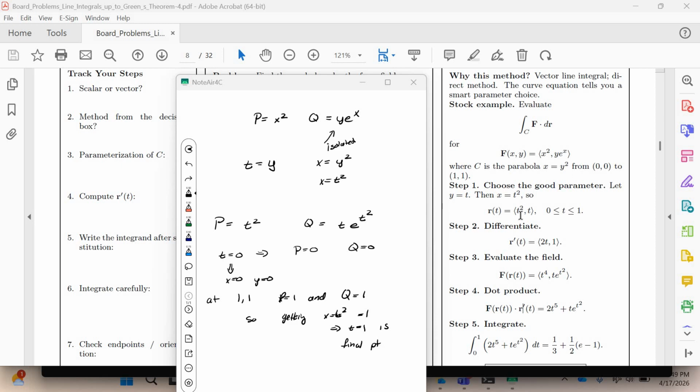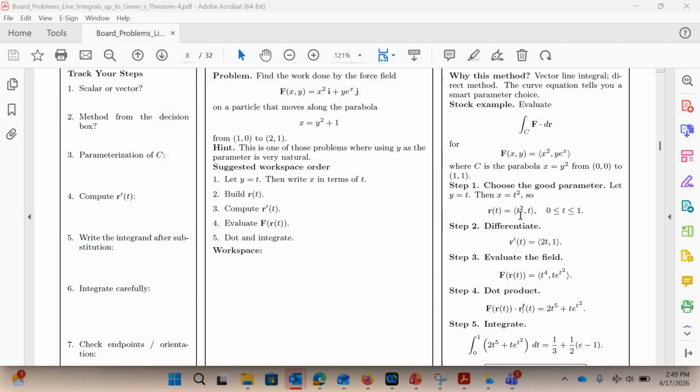Yeah. So I'm going to show you how to do the parameterization of that problem in a second. But you're right, the parameterization is the hard part, and that's why you like the conservative ones because it makes it easy.